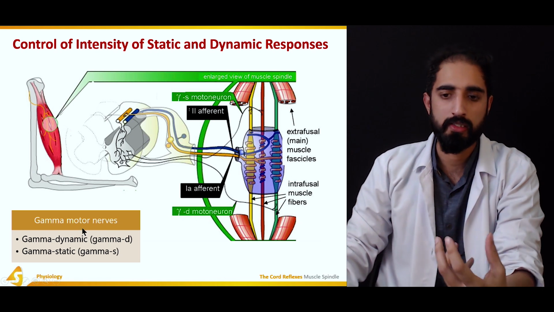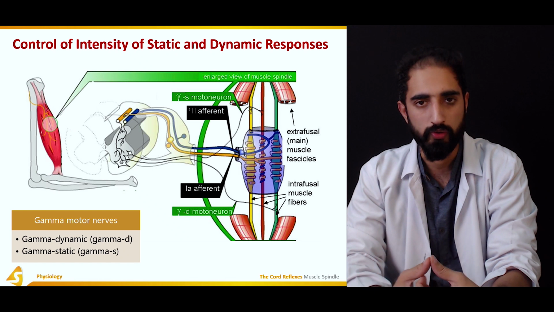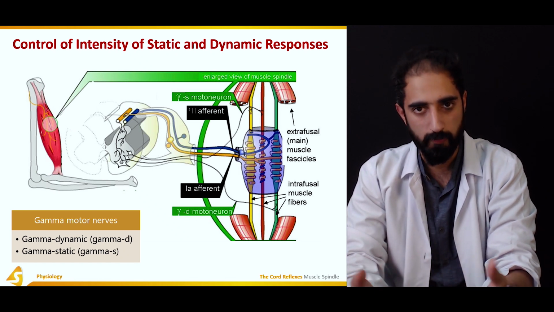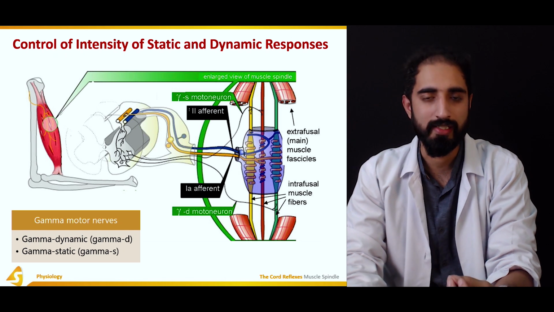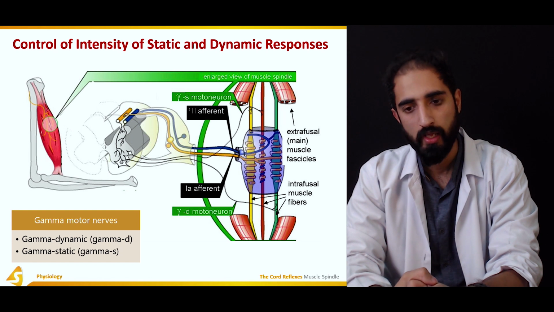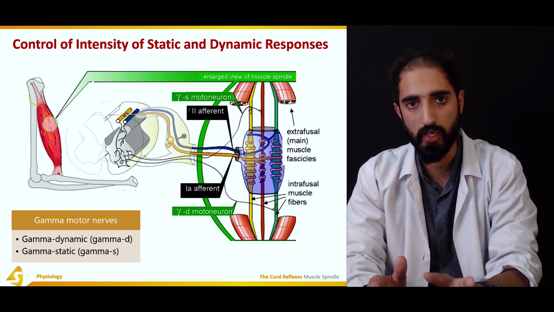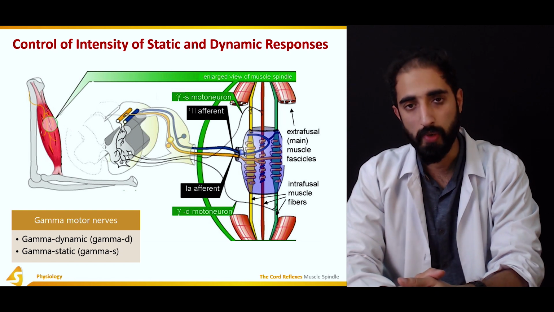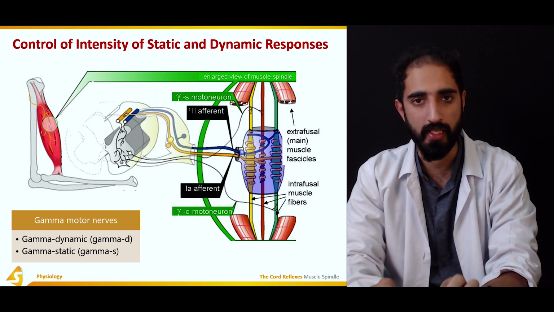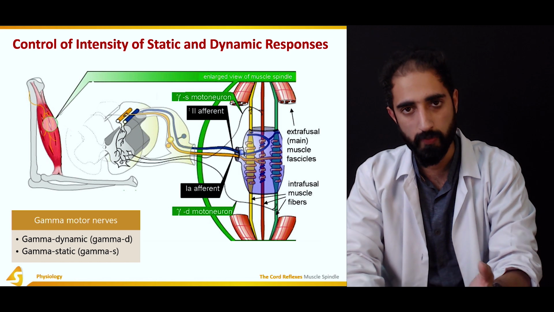So how does this actually happen? If you take a simple example, whenever there is lengthening of the muscle, there is lengthening of the muscle spindle, which elicits a muscle spindle response known as the muscle stretch reflex. Another way this can happen is, even if there is no stretching or lengthening of the muscle, the muscle spindle itself can be lengthened and result in activation of the muscle spindle response.